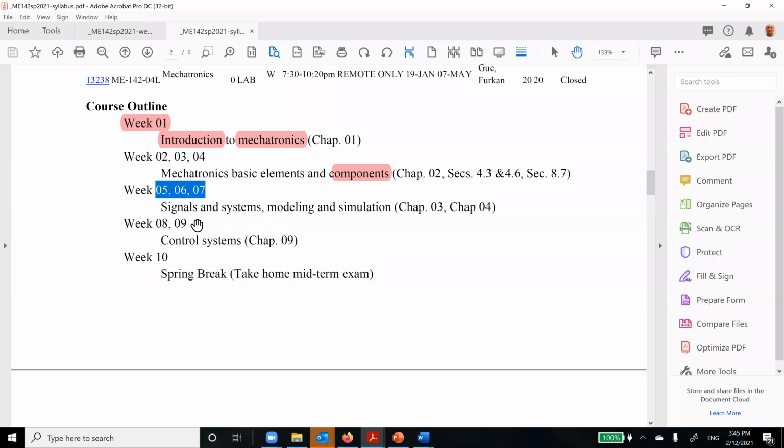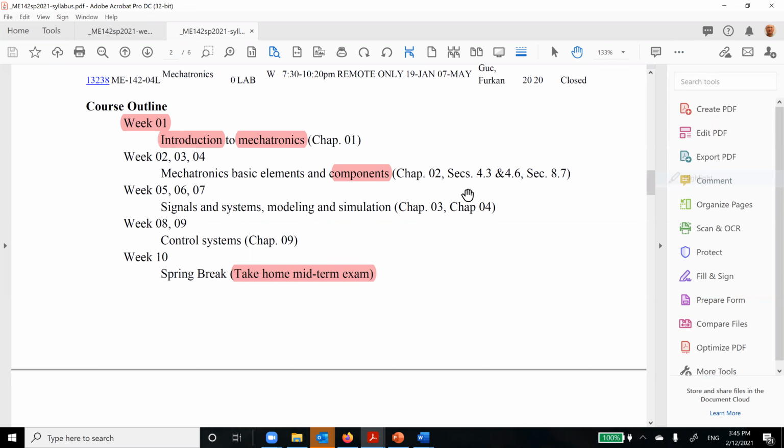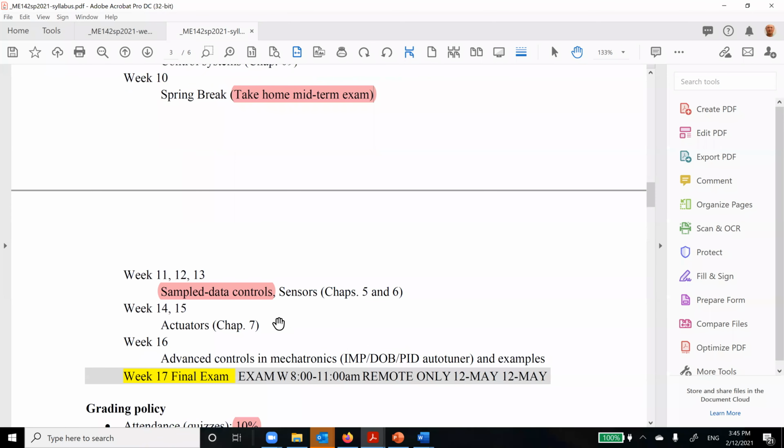Then we are ready to go to controls. Then we do a spring break, and we are going to have a take-home midterm exam. You do it on your own, and have a busy spring break to pick up everything we have learned here. After that, we will do digital controls, talking about sensors, actuators, and putting everything together towards the future. See, all these are just the mechatronics basics.